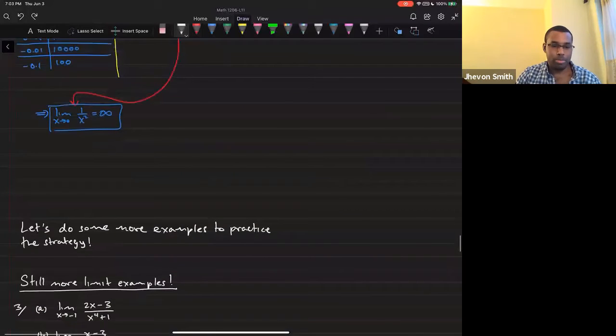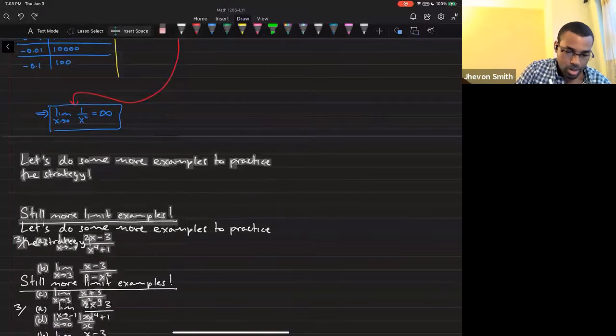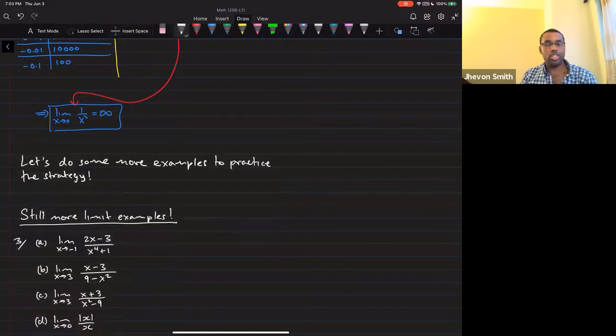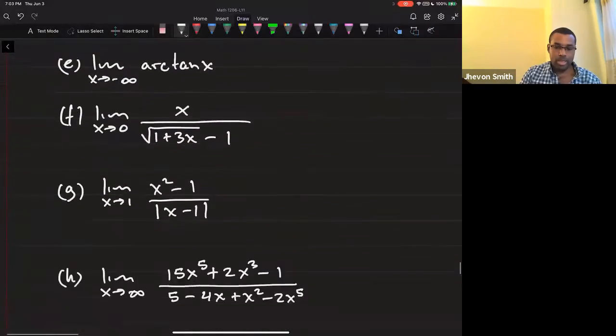Do some more examples. Let's put the strategies to the test. Let's just make sure that we know how to do the strategies. Right? So I give you all these random limits here.